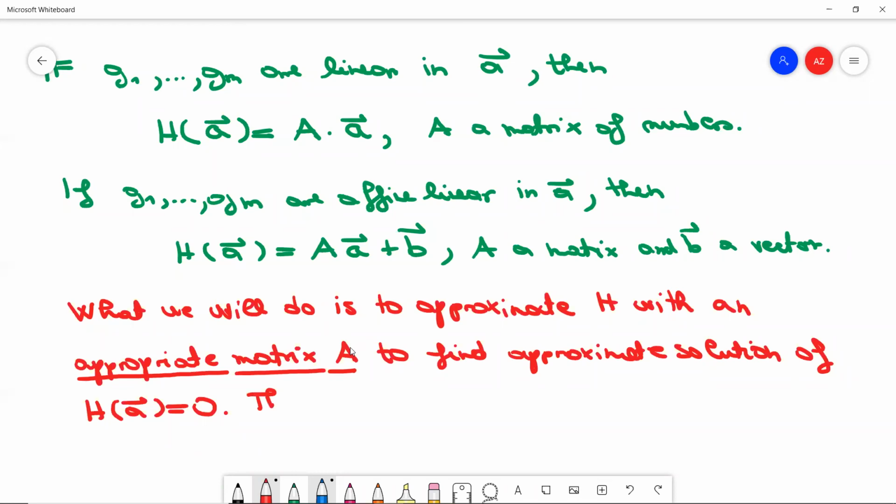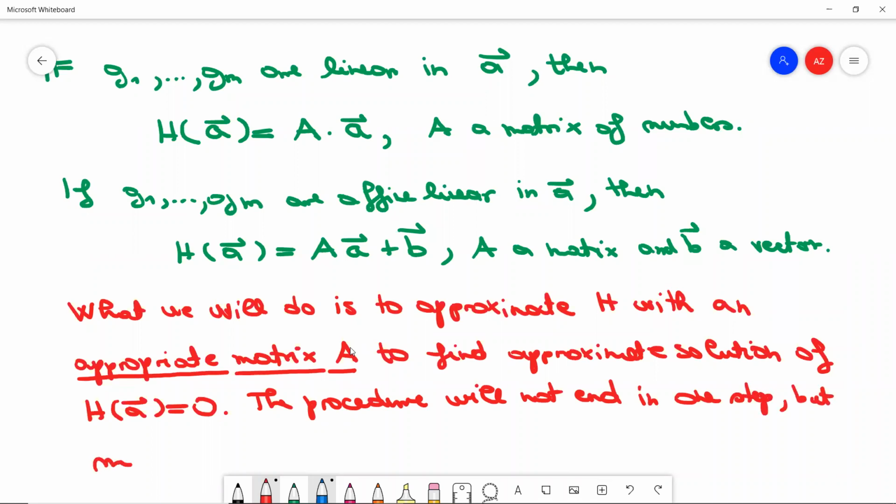So the procedure will not end in one step, but more steps will be needed.